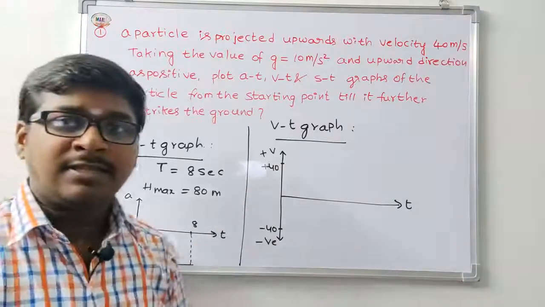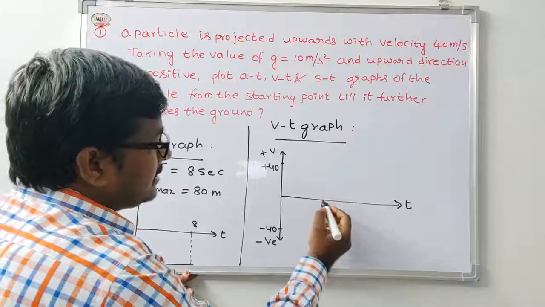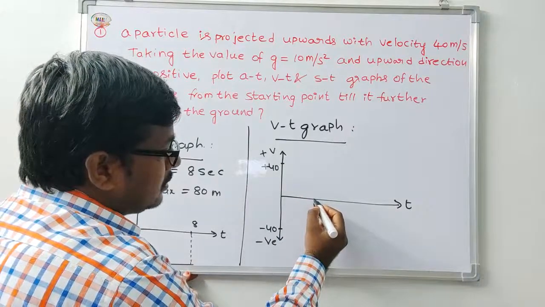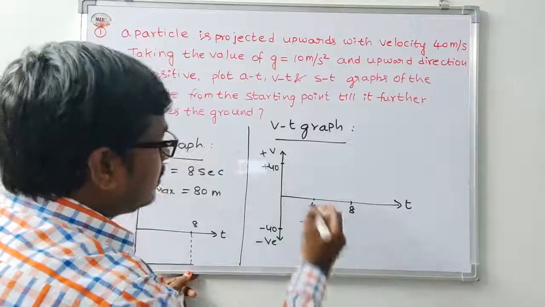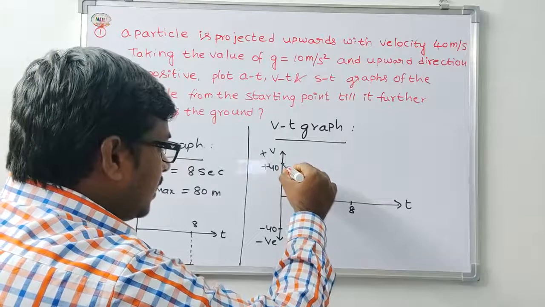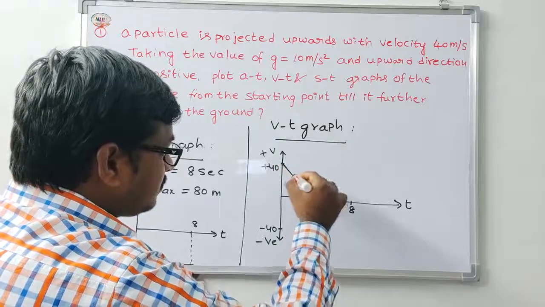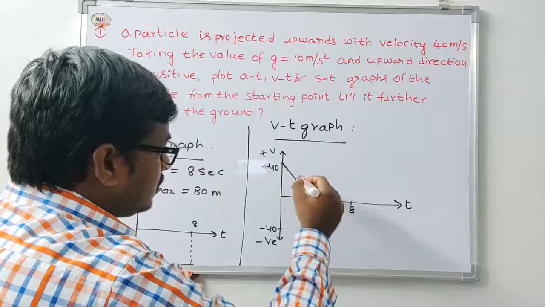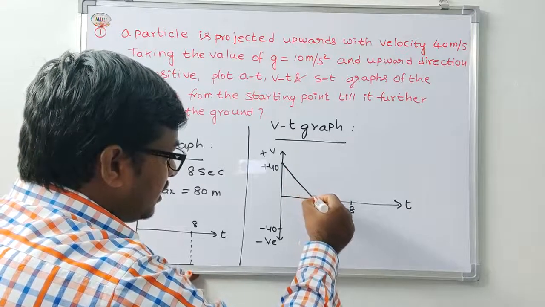Okay, in this one the velocity decreases, this is 4 and this is the 8. It decreases from 40 meter per second to 0.